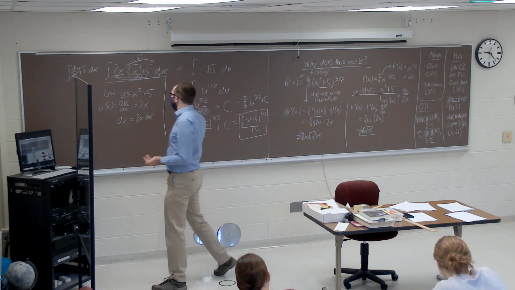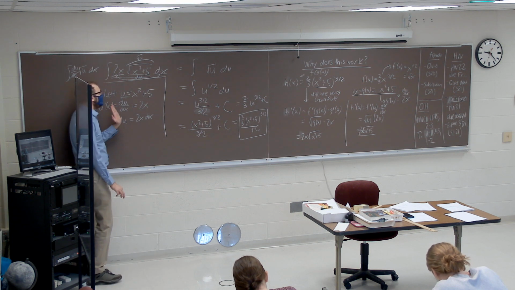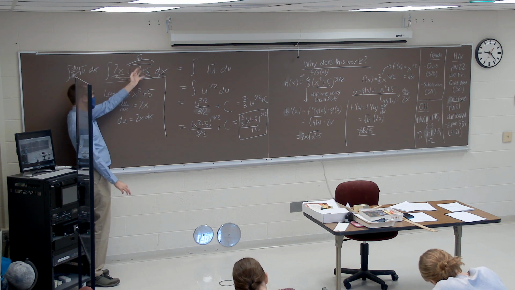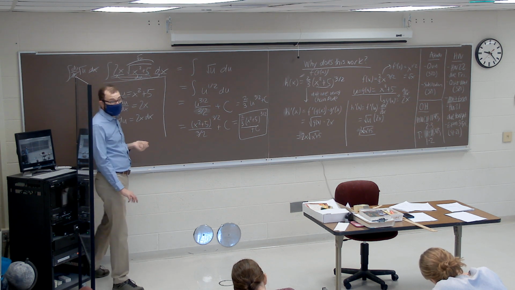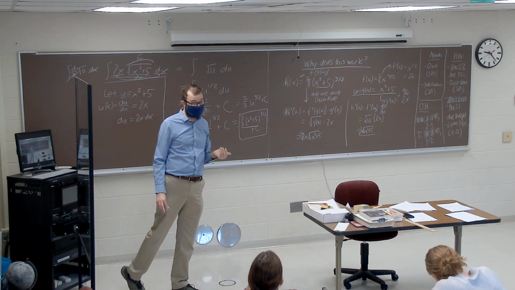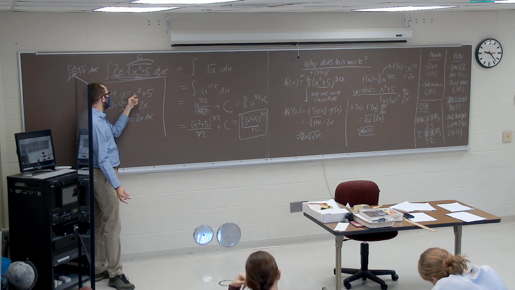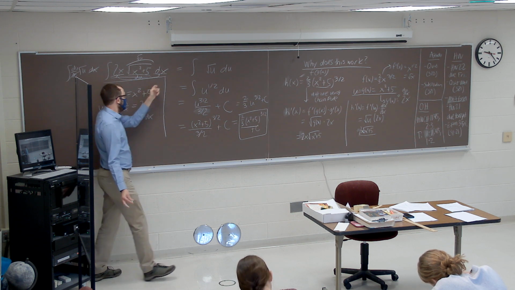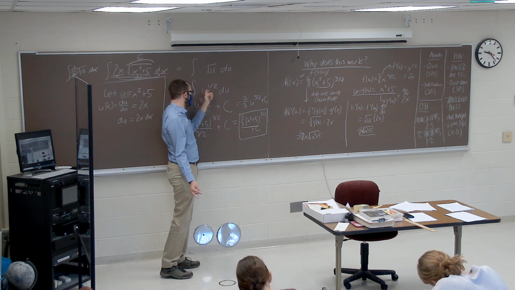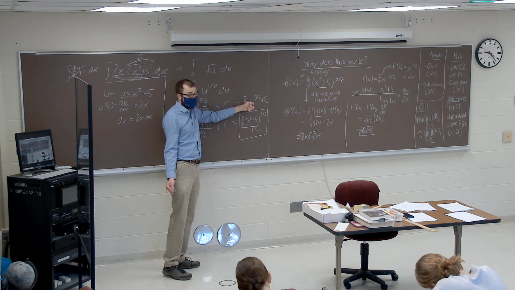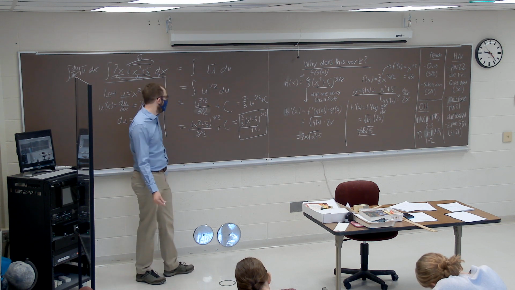So if you stop to think about it, this process of taking our scary looking integral, 2x square root of x squared plus 5, rewriting in terms of this variable u, integrating with respect to u, then plugging back in an x expression where our u's were originally.